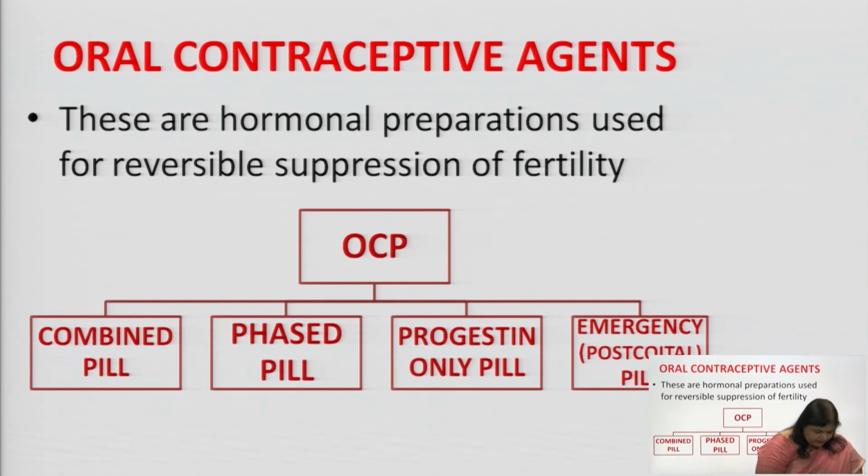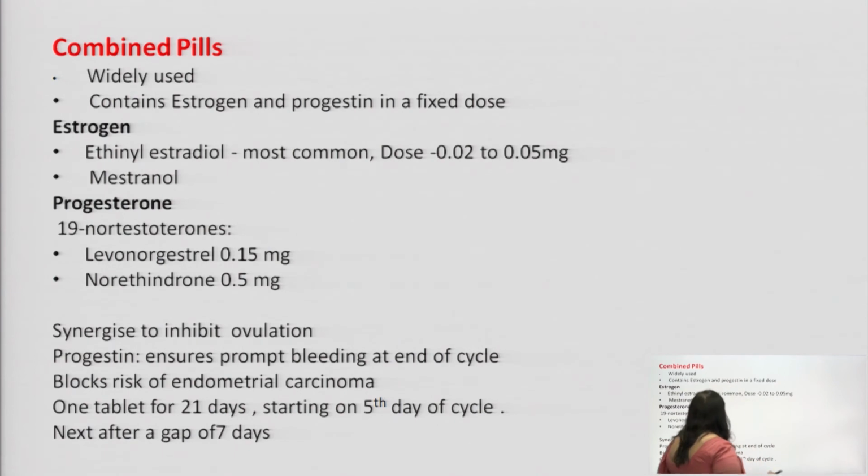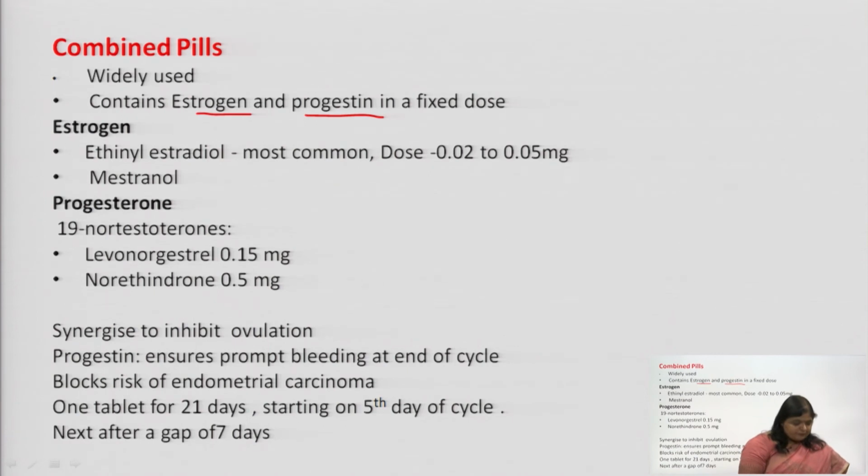So, let us start with this. What are these combined pills? We are talking about the oral combined pills, which are widely used. As the name suggests, it contains both estrogen and a progestin in a fixed dose.